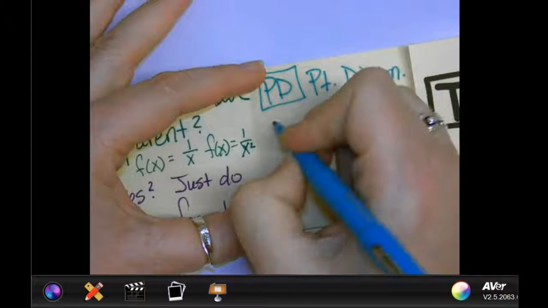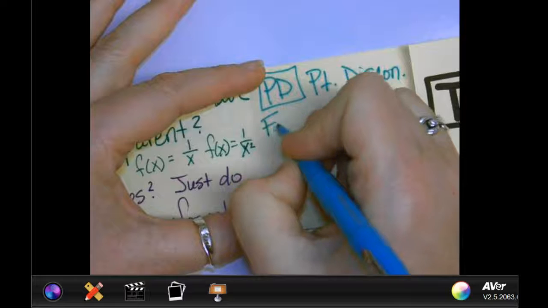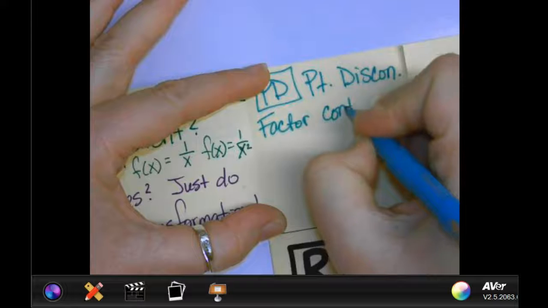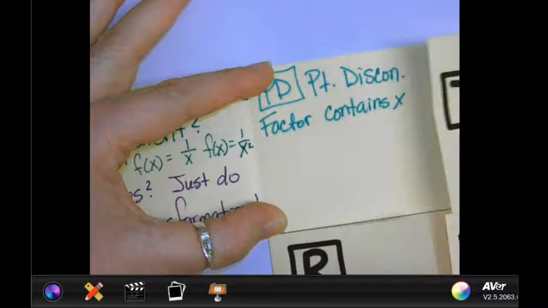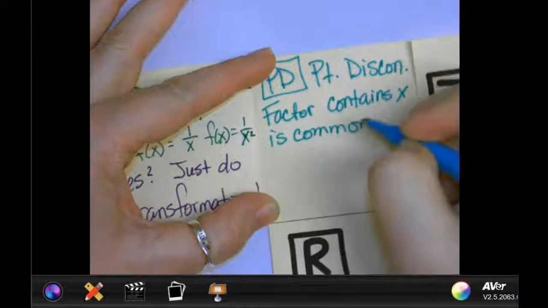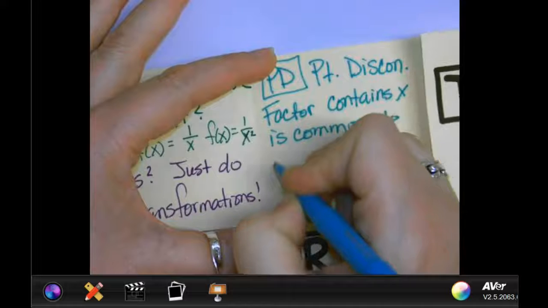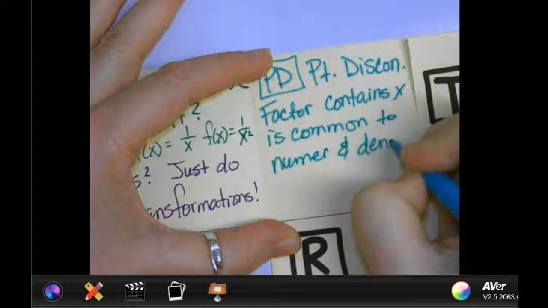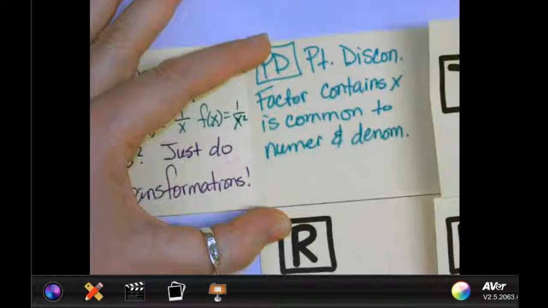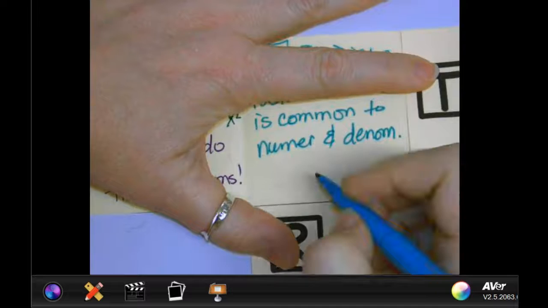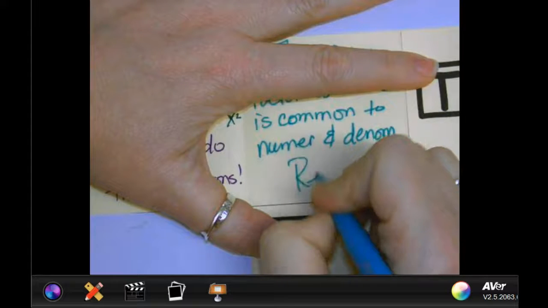So we should already know what to do: a factor that contains x is common to the numerator and denominator. Okay. So the factor that contains x is common to the numerator and denominator. That's how we find our point discontinuity. That's the first thing that you check, and then you reduce.